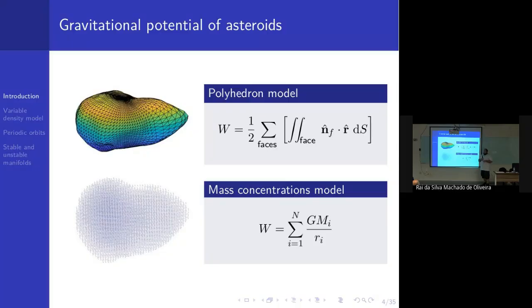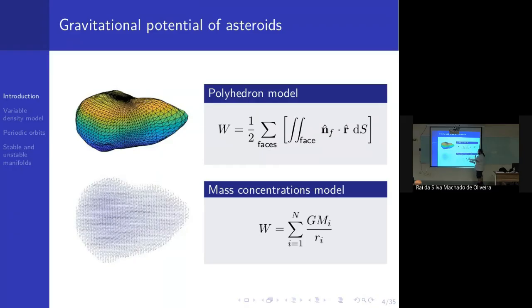How do we compute the gravitational potential of asteroids? Well, there are two main approaches. The first one is called the polyhedron model, where the asteroid is modeled as a polyhedron with many faces and vertices, and we compute the gravitational potential like that, okay? It's a very complicated formula, but another approach is the mass concentration model, where the asteroid is supposed to have many tiny particles.